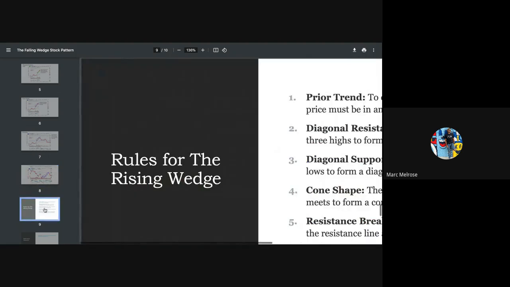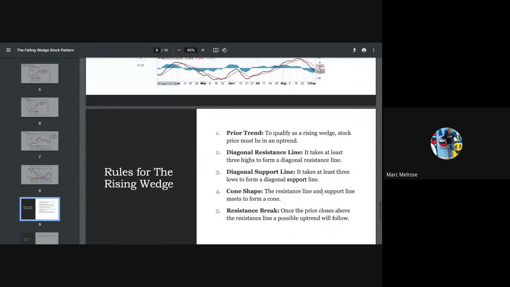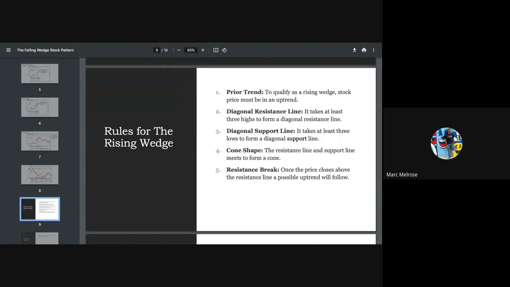Perfect. All right, so last thing: when I first started learning patterns, I always made sure to have a checklist. The checklist that I have for the rising wedge is, first, check the trend. You want to confirm that the rising wedge pattern is in an uptrend.